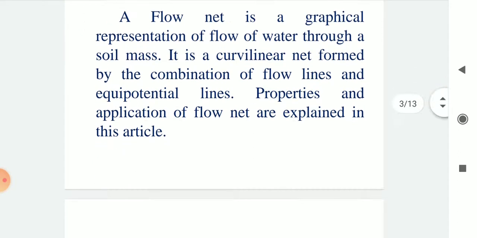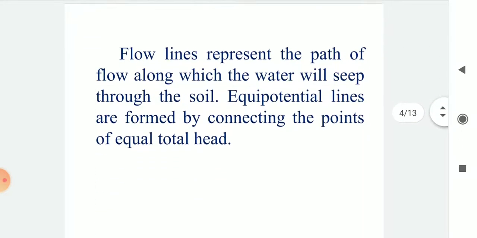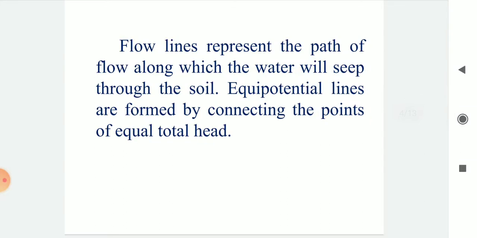Flow lines represent the path of flow along which the water will seep through the soil. Equipotential lines are formed by connecting the points of equal total head.